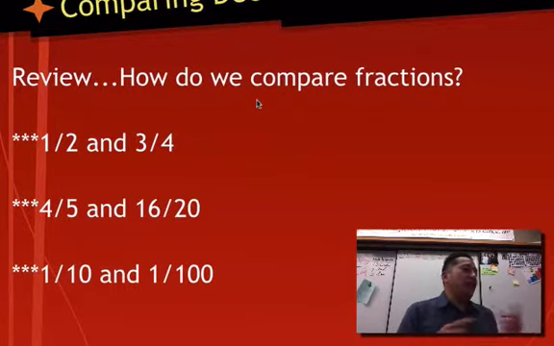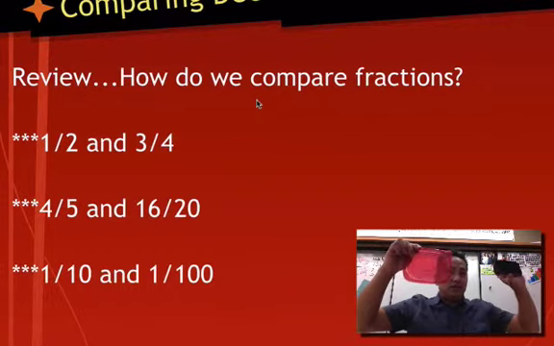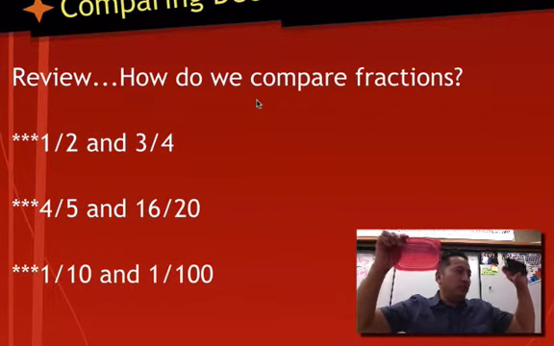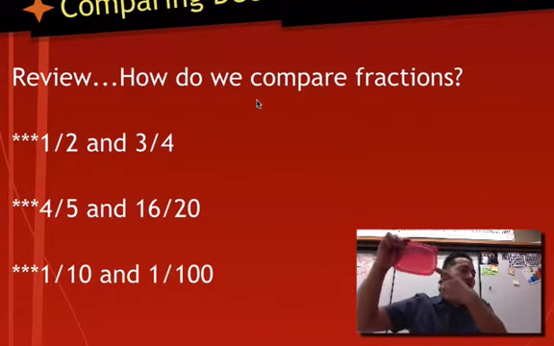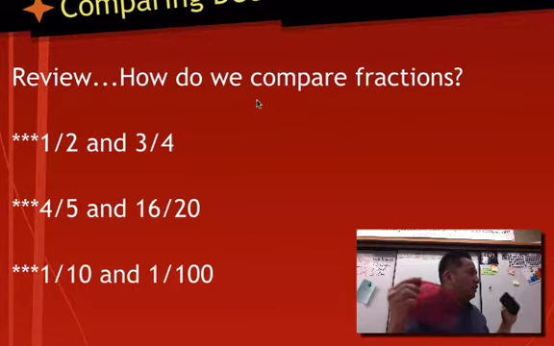What if I was comparing this to this? The wholes aren't the same. So if I broke this into fourths and this into fourths, they're not going to be the same size fourths, right? You have to make them the same size, you guys.